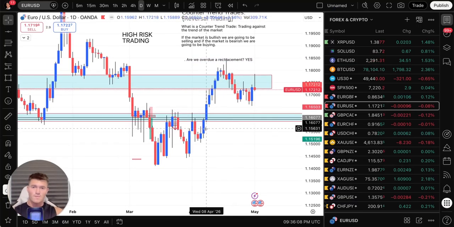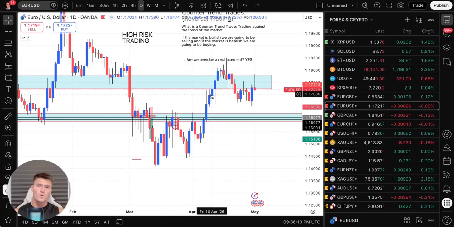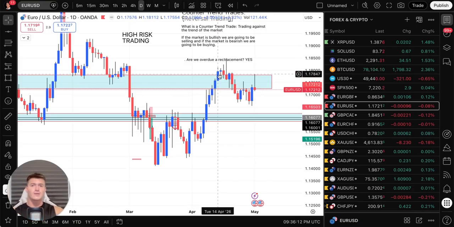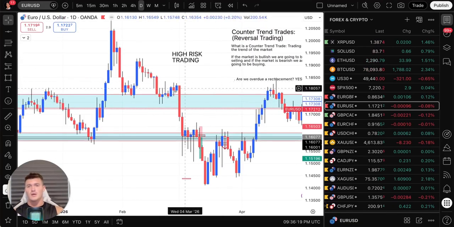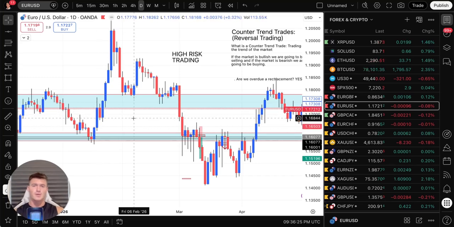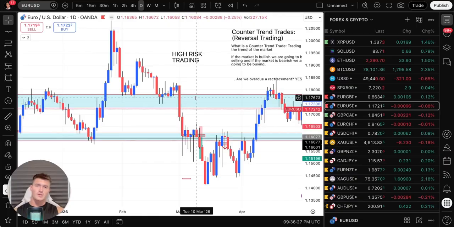As you can see, we have 1, 2, 3, 4, 5, 6, 7 bullish candlesticks there. Same thing over here. We have 1, 2, 3, 4, 5, 6. There's a little red one in between, but so 6 over here.